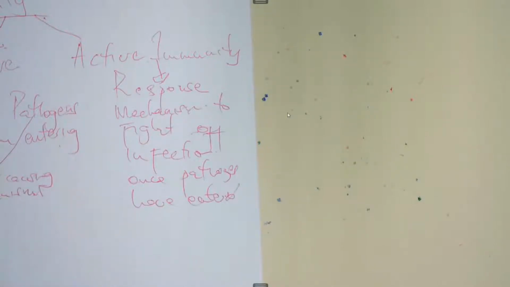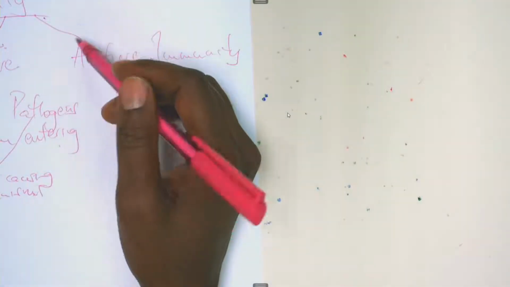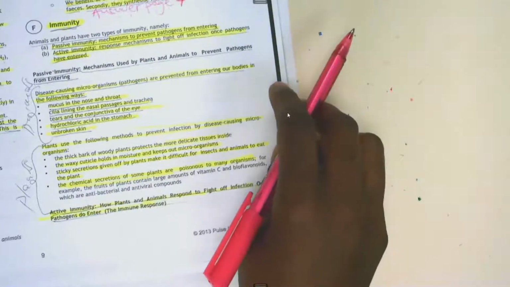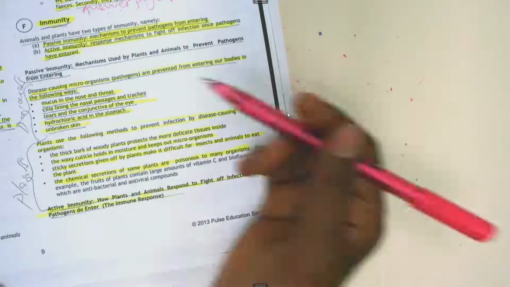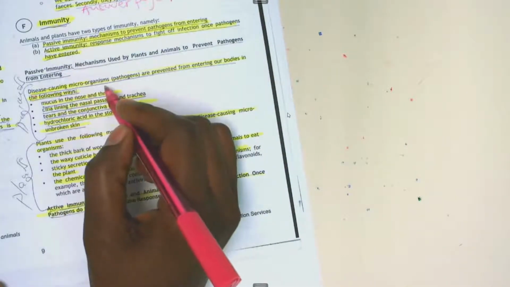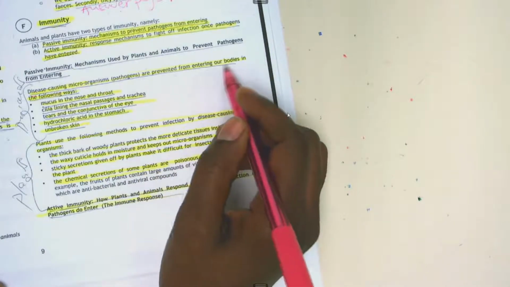So passive immunity is a mechanism used by plants and animals. Let us start first with animals. Disease-causing microorganisms or pathogens are prevented from entering our bodies in the following ways. So how are these disease-causing microorganisms or pathogens prevented from entering our bodies?